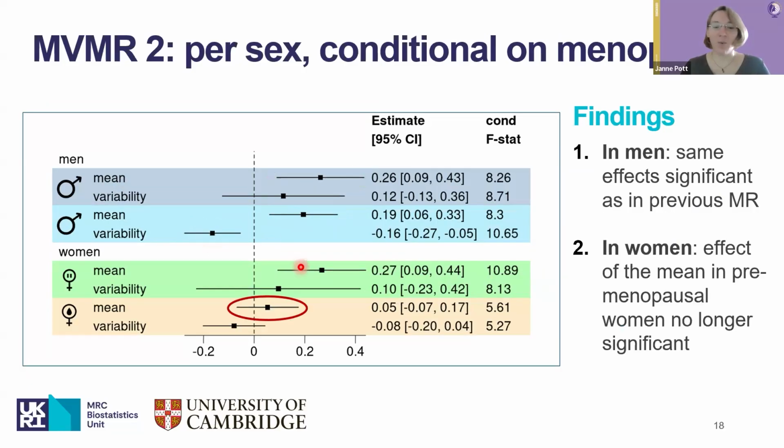But in women, we lose the effect of the mean level in premenopausal women on coronary artery disease, which means that high levels of cholesterol in premenopausal women do not pose an increased risk for coronary artery disease. This risk only starts after menopause, which is in line with everything we know from other studies.